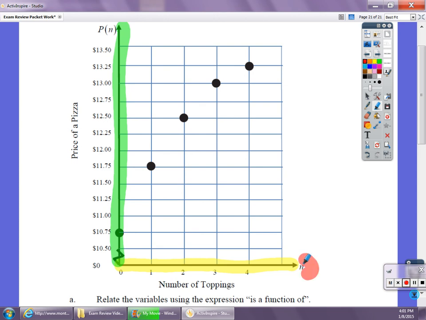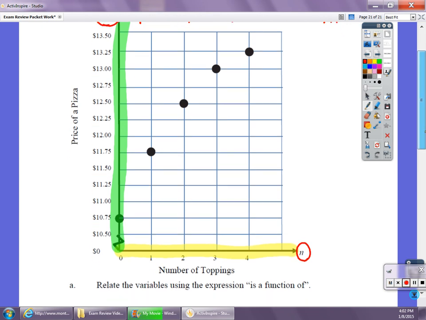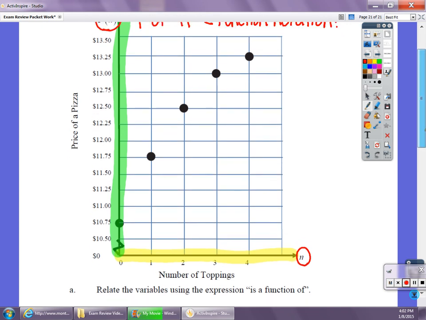And notice our variables here, they've given us an n on this graph and p of n. That's function notation. And we've got how many? 1, 2, 3, 4, 5 points on our graph.